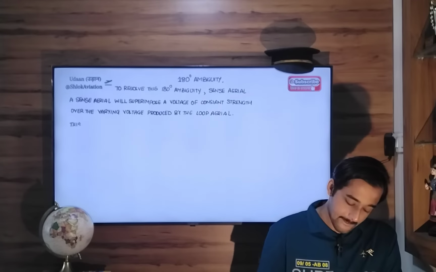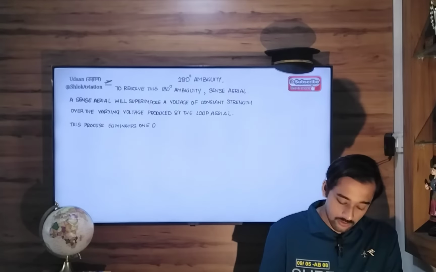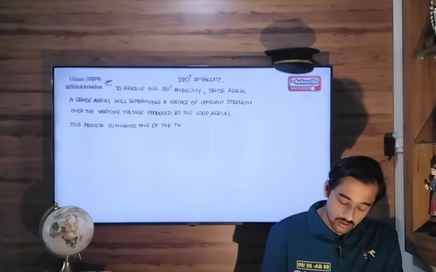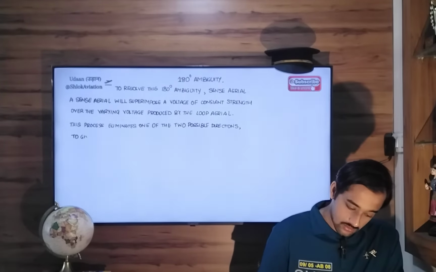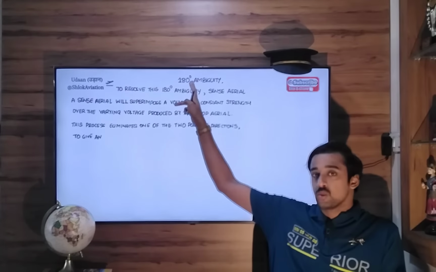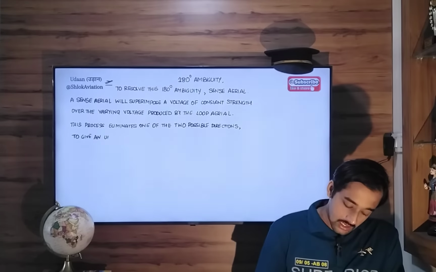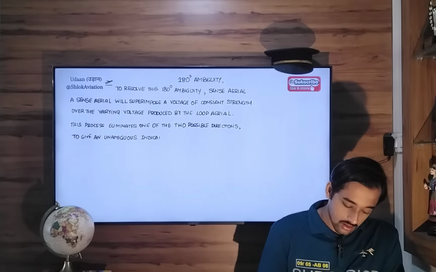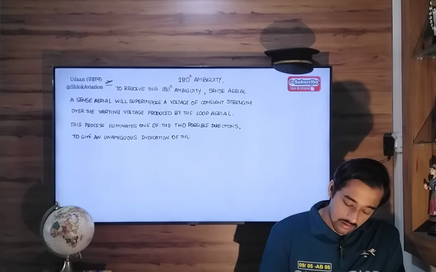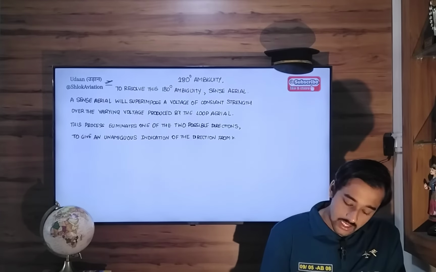This process eliminates one of the two possible directions to give an unambiguous indication of the direction from where the signal is coming. This was ambiguous, meaning no clarity. Unambiguous means a definite answer.